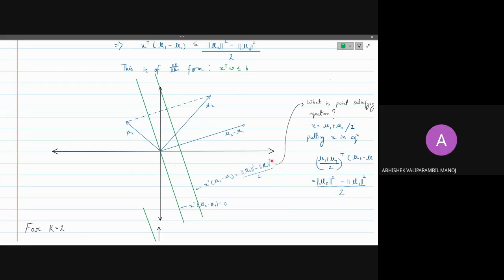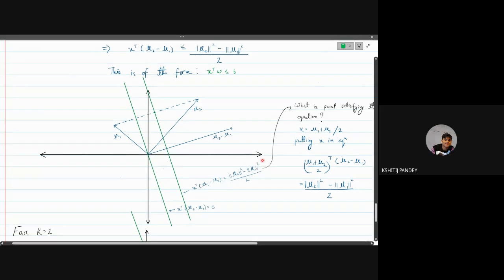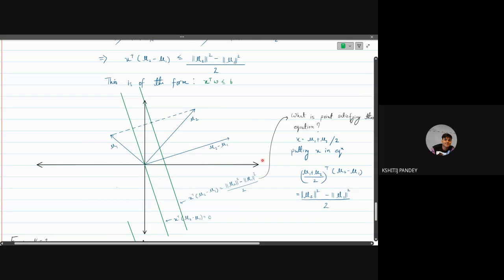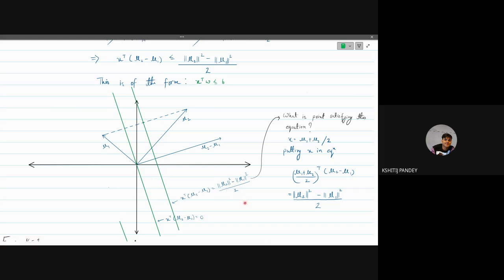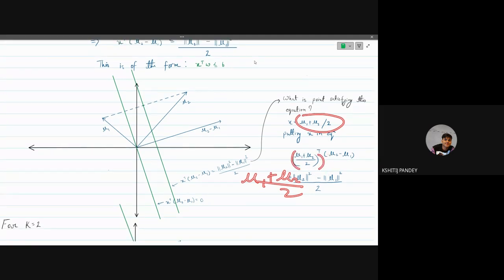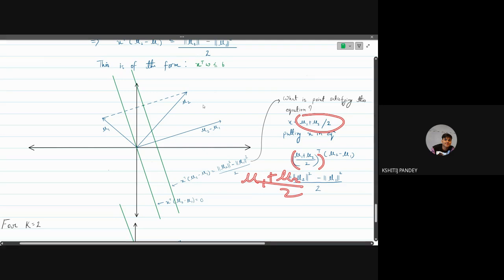So now let's say we want to talk about a point satisfying this equation. A point satisfying this equation will be what? Mu1 plus mu2 by 2. And when we put this point in the equation, in the end we get the right hand side value, correct?